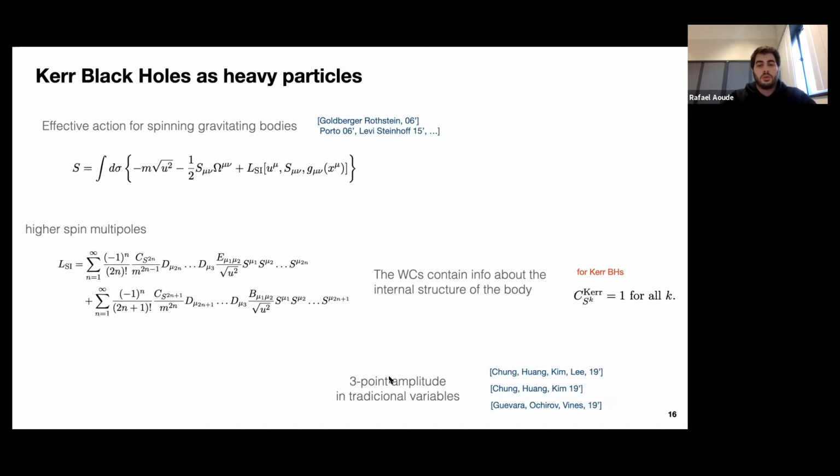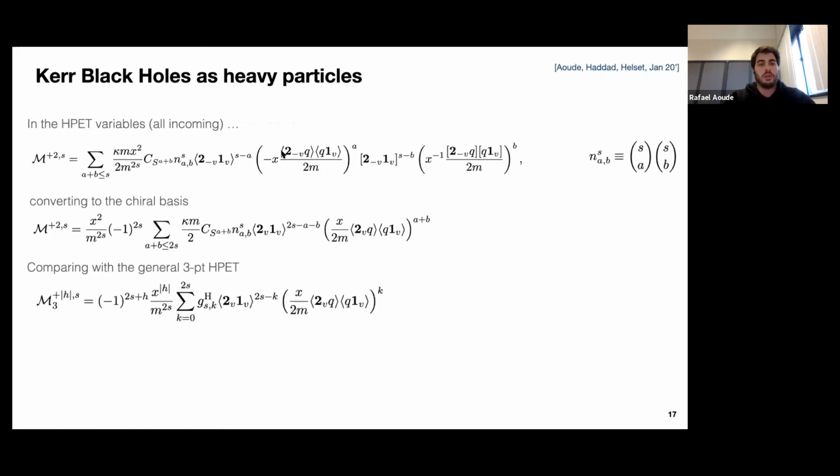So what we do is, given that the 3-point amplitude in the traditional variables was obtained from this action, we recast these amplitudes in the HPT variables, and we obtain this type of amplitude.